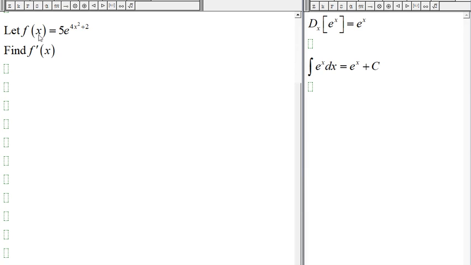And here we have the function 5 e to the 4x squared plus 2, and we want to find the derivative. Again, the derivative of e to the x is just e to the x, but here we don't have just x, we have 4x squared plus 2, so we have to use the chain rule.